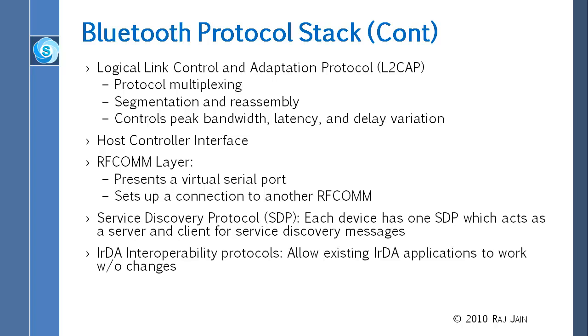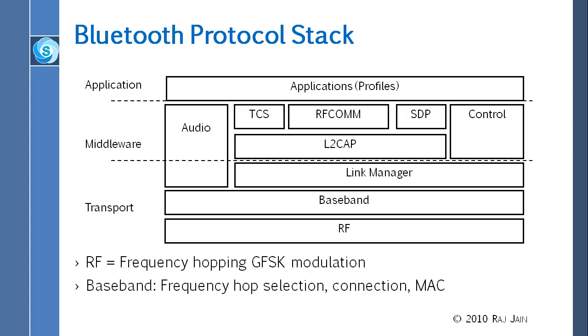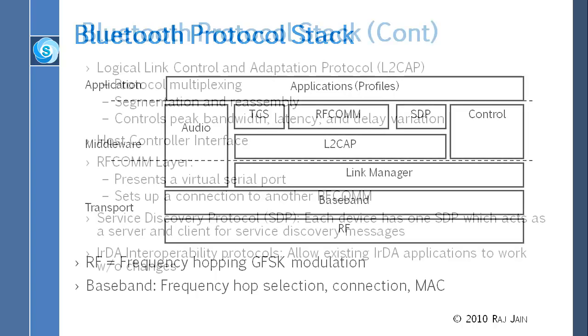Protocol multiplexing means that if there are multiple protocols being used in the higher layers, in this case three protocols: TCS, RFCOMM, SDP, this one does the multiplexing. There is some bit in this part of the header which indicates that this has to go to TCS, this has to go to RFCOMM, this has to go to SDP, and when the packets come in, those bits are put in so that when it goes to the other side, they can give it to the right protocol. Right? That is protocol multiplexing.